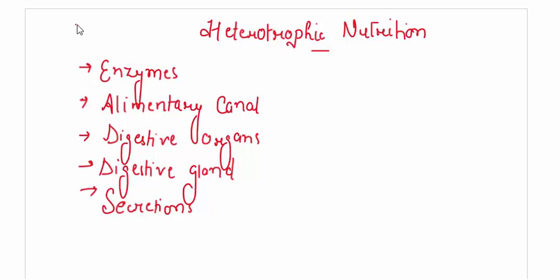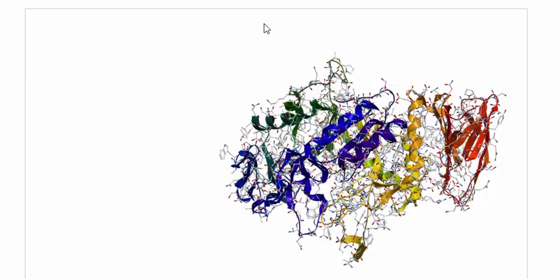For nutrition in human beings, first we have to discuss the enzymes, and afterwards we'll proceed towards the alimentary canal, digestive organs, digestive glands, and the secretions of the glands. Let me have a 2-minute discussion for the enzymes.